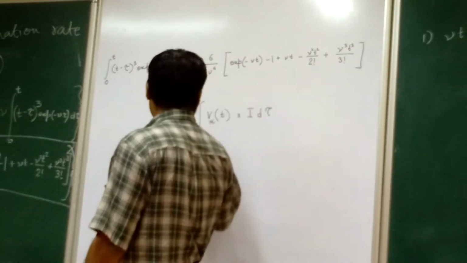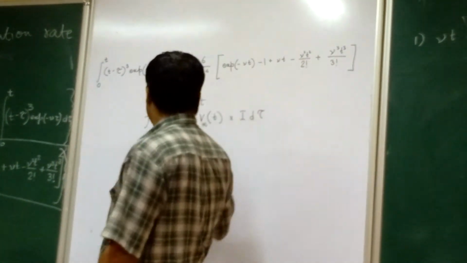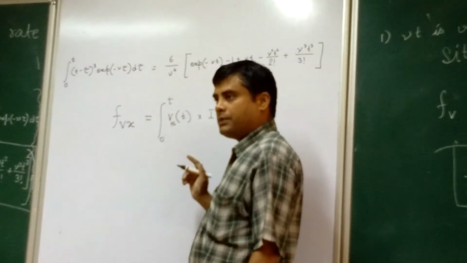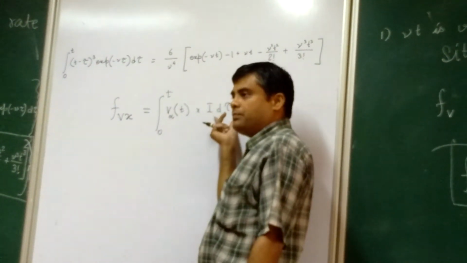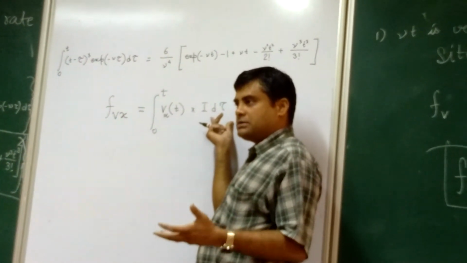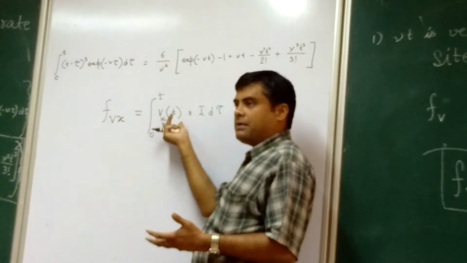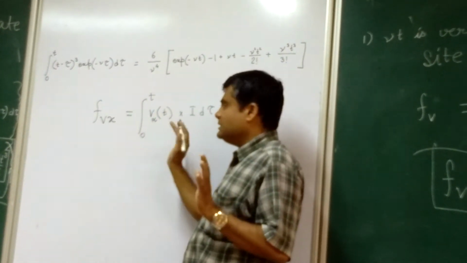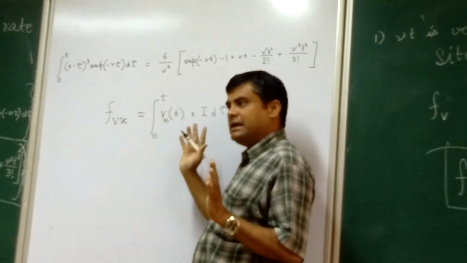Then we integrated it from 0 to t. So this is the number of nuclei formed at tau per unit volume of the solution, multiplied by the volume of those nuclei when they grow after a certain time. This is how we find Fvx, and it's very easy.